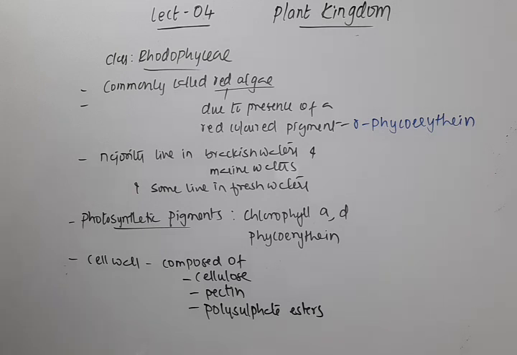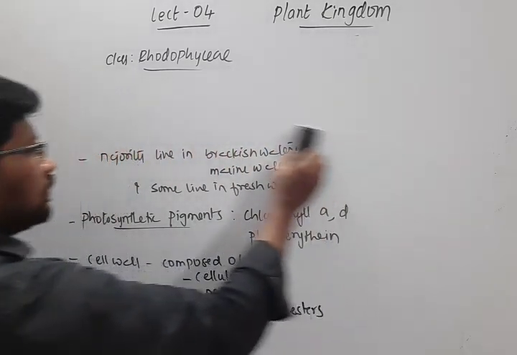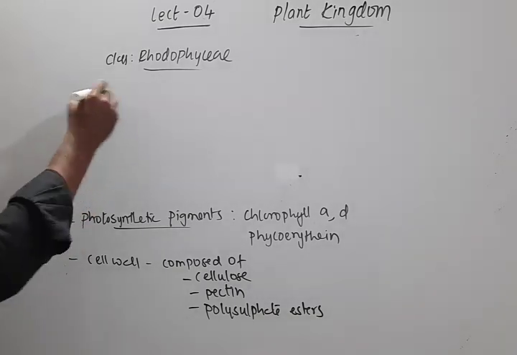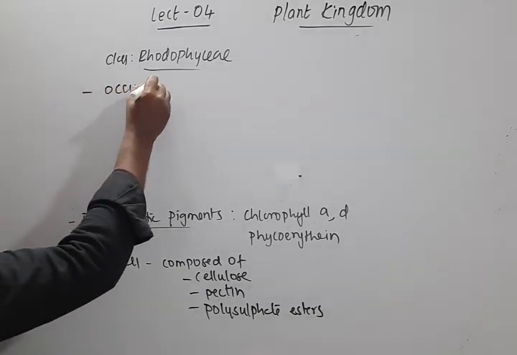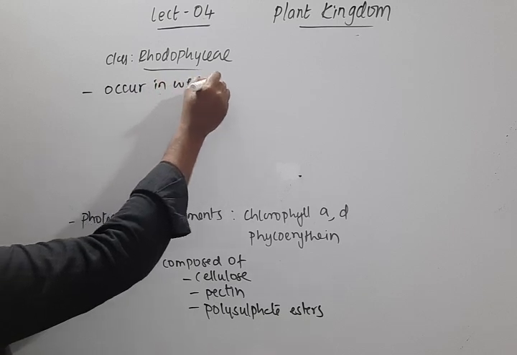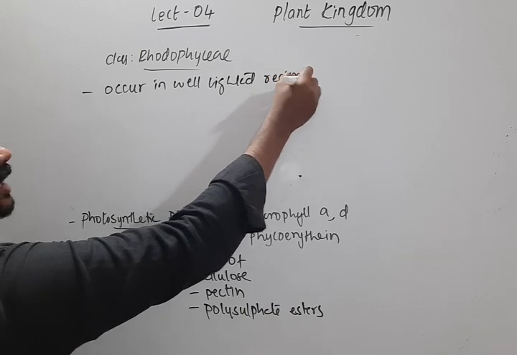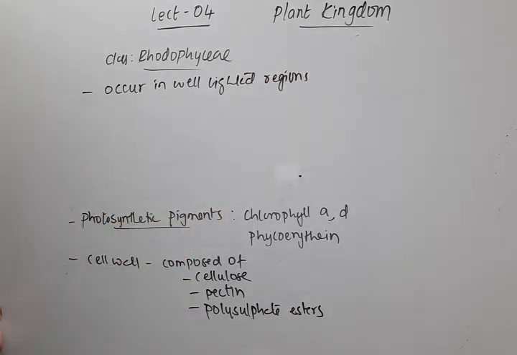Then they occur in well lighted regions, and also we see them in low light regions. Occurring in well lighted regions means they are present very close to the surface of the water.